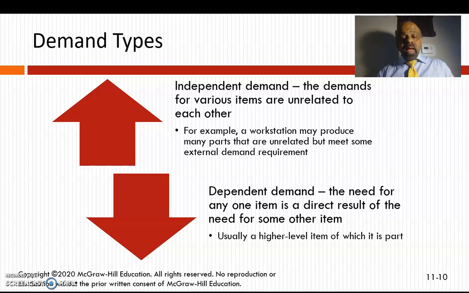A dependent demand basically is the need of one item, the direct result of the need for some other item. For instance, if I'm making the cup handles, and the cup handles are very important for the cup so that you can put a handle on it. So that is the dependent demand.